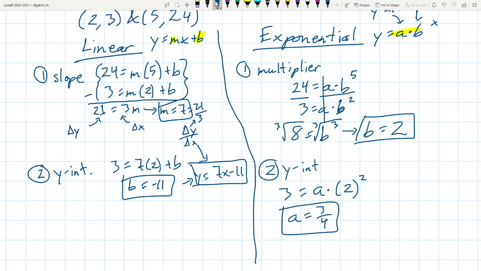Our equation, when it's all said and done, is y equals 3/4 times 2 to the x power. Hopefully comparing this process to how you would do it with a linear function helped make creating the equation of an exponential function not too crazy.